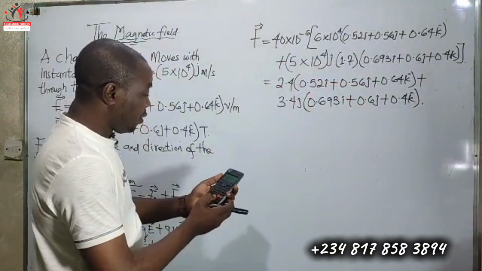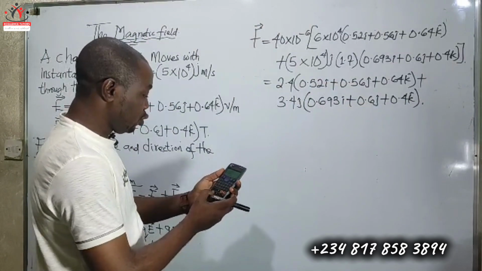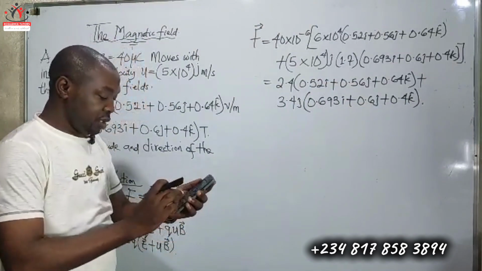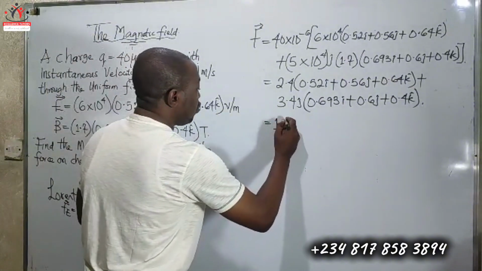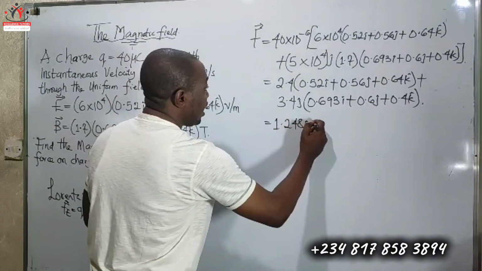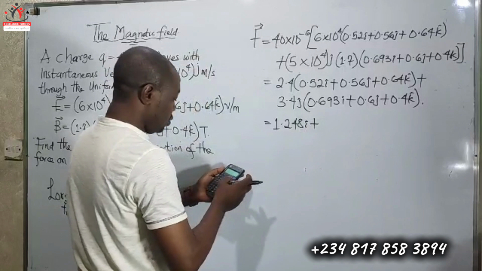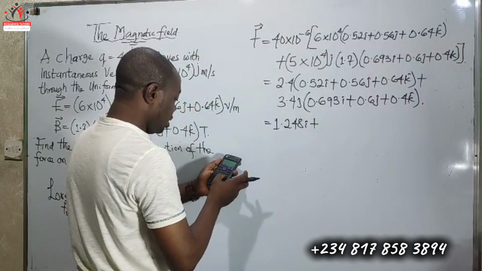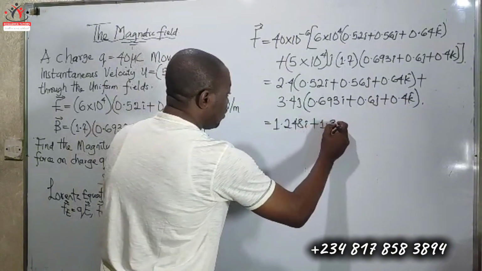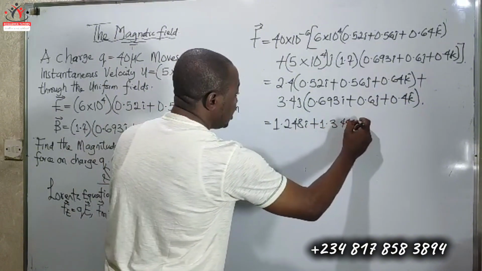What is 2.4 multiplied by 0.52? That'll be 1.248, so we have 1.248i. Then again, we have 2.4 multiplied by 0.56. That'll be 1.344j.